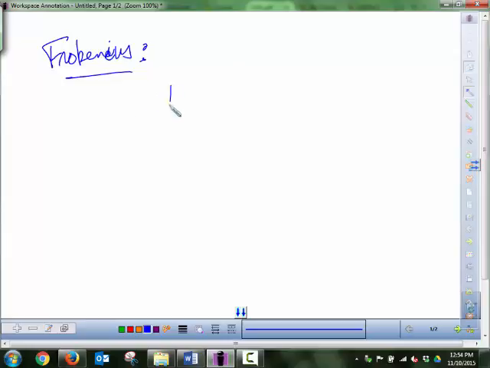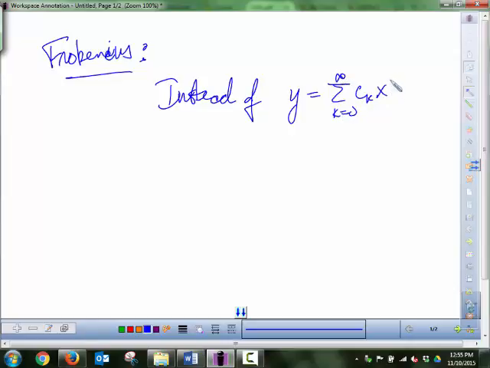So instead of a power series that looked like our usual power series, and this power series starts from 0, k is equal to 0, so it starts off with a constant term.